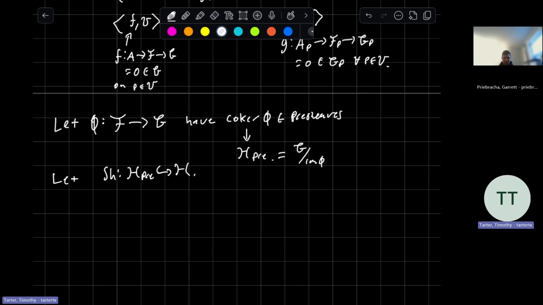And then as a proposition, the composition G to H, which is G mod image phi, well, I guess it's the sheafification of G mod image phi, is equal to the cokernel of phi in the category of sheaves.